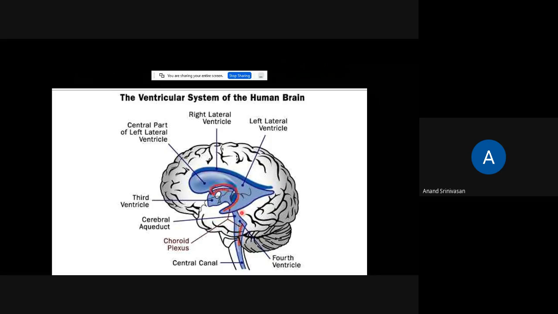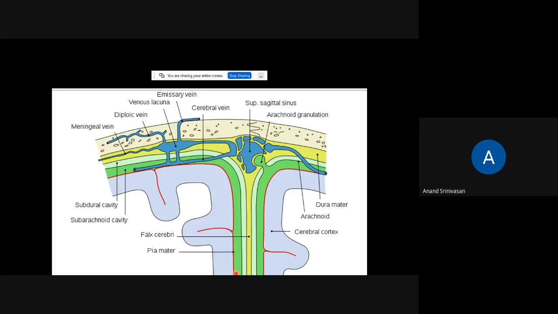You'll see the pictures. Here you can see the lateral ventricle, the interventricular foramen of Monro, the third ventricle, the aqueduct of Sylvius, and the fourth ventricle, which is continuous down as the central canal. In this picture you can see the brain.